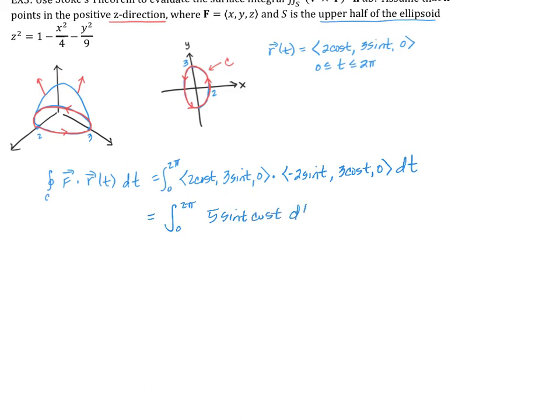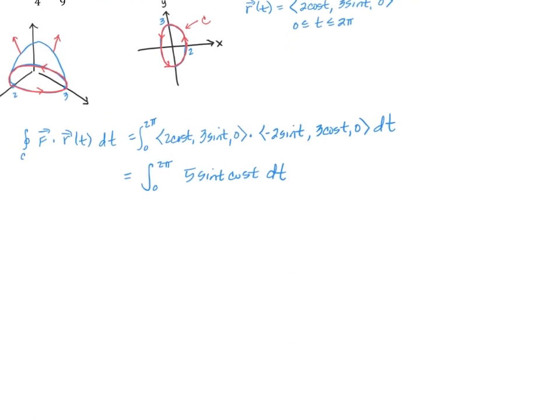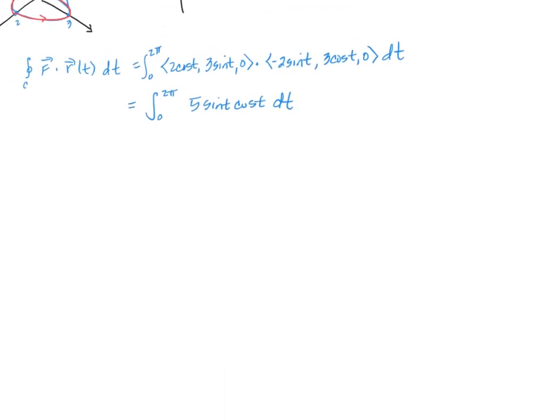And I could simply do a u substitution on maybe the sine or the cosine, it doesn't really matter. Or I can use a trig identity, because I don't feel like changing my limits of integration, rewriting 5 sine cosine as 5 over 2 sine of 2t. Is that correct? Sine of 2t is 2 sine cosine.